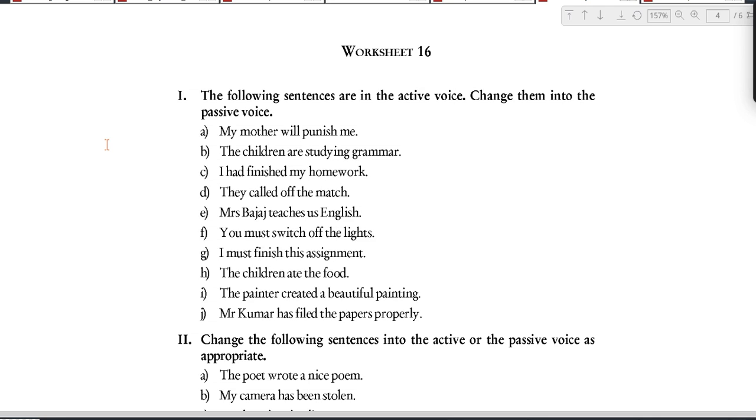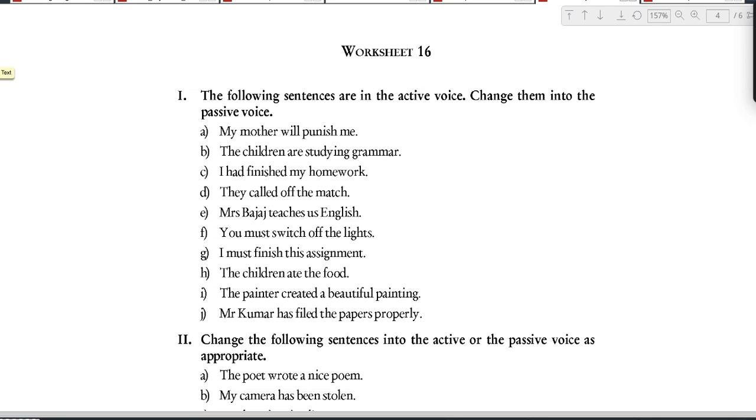Okay, you have to see that it says children are studying. It is present continuous. So the grammar is being studied by the children.